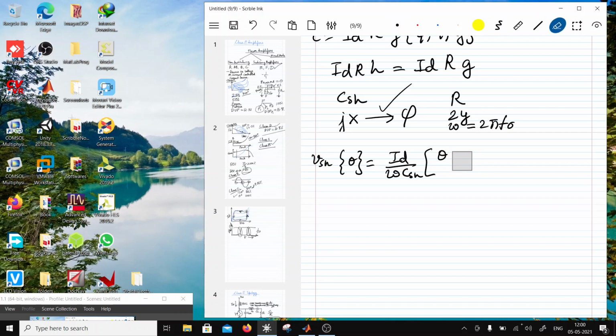So minus pi by 2 plus y, plus this is going to be C over R, right?